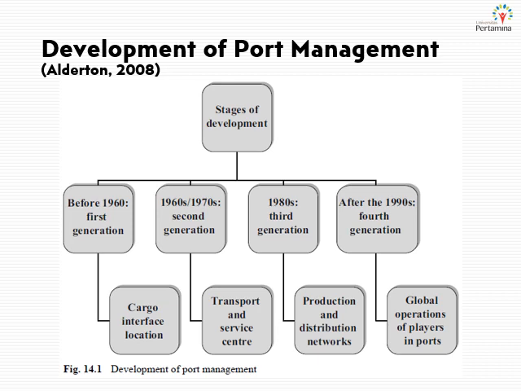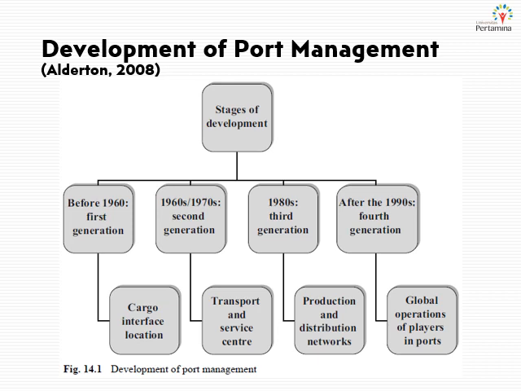Okay, so for the first generation, this is this part of the phase of the port management. Port merely function as a cargo interface location between sea and land transport. For what? For cargo transfer from ship to shore, and then also from shore to ship. And the port operation itself is usually separated from trade related activities, and different port activities, they are also not in the port itself, and they are isolated from one another.